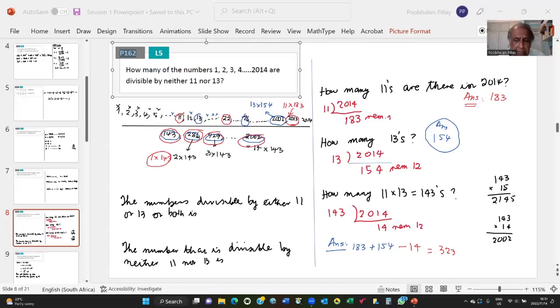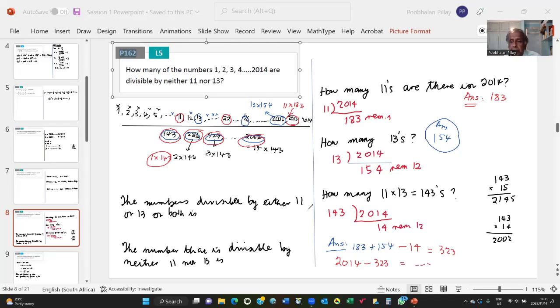So you have to look at all the crosses. And to do that, the total number of numbers is 2014, as you can see. And you have to remove all those which have been ringed. So the total number of things which have been ringed is 323, which we just saw. So those are the numbers which have got crosses next to them. And when you work that out, you get something.